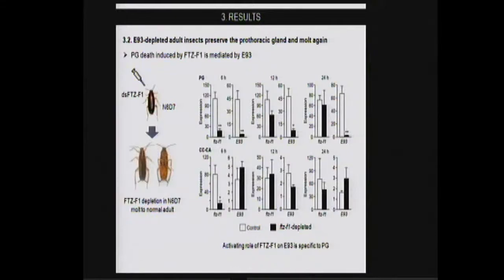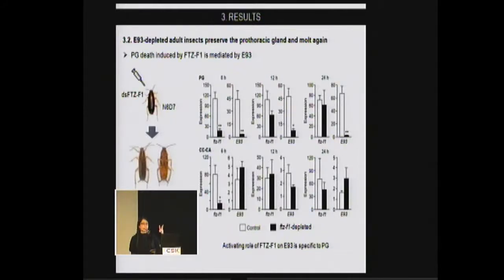So we did this experiment to test that hypothesis. We injected double-stranded RNA against Fushi tarazu transcription factor 1 on day 7 of NIM6, 1 day before the peak in prothoracic gland, and we got normal adults after depleting Fushi tarazu transcription factor 1.